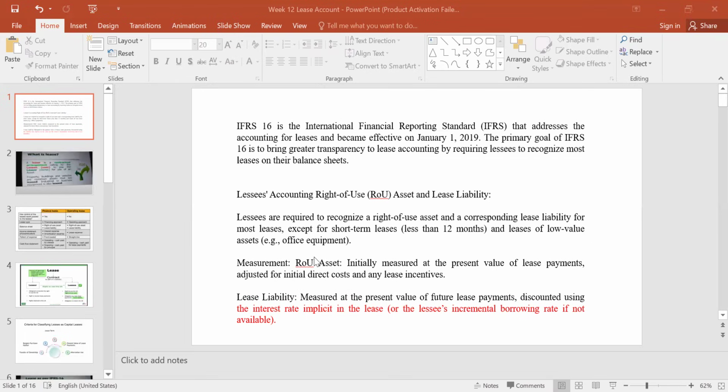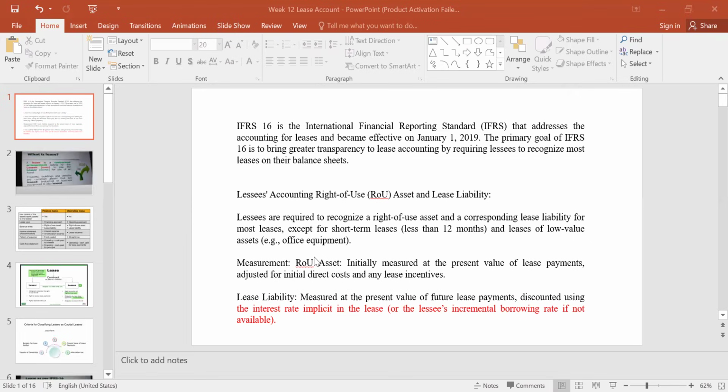The lessor has to give the right to use, freely, the leased asset to the lessee.